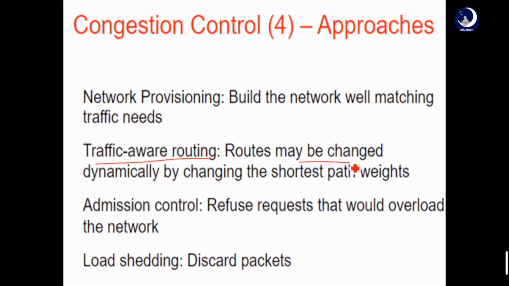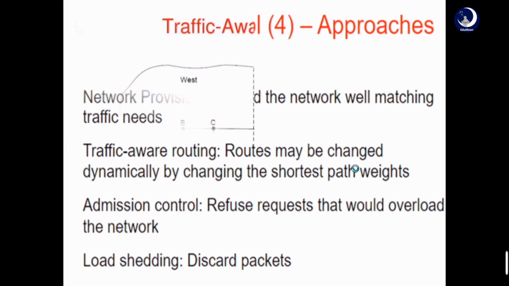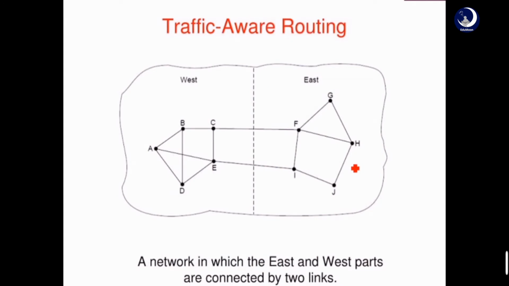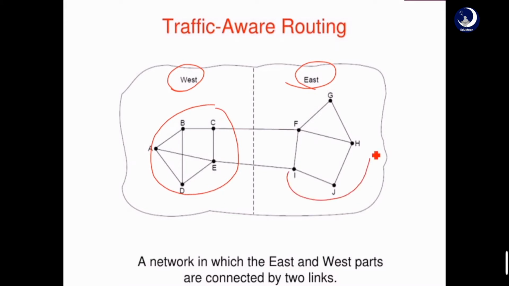For example, here the network is divided into two parts, the west side and the east side. These two networks communicate with each other with the help of C and F, and E and I. These two links act as a communication bridge between the two networks.